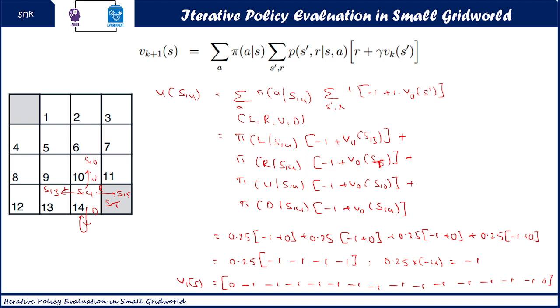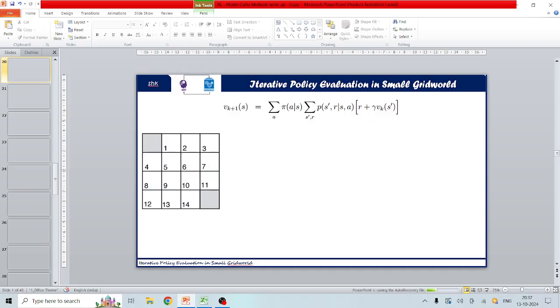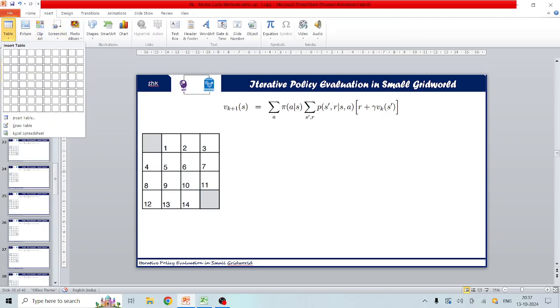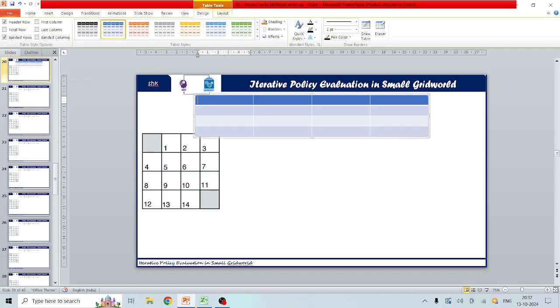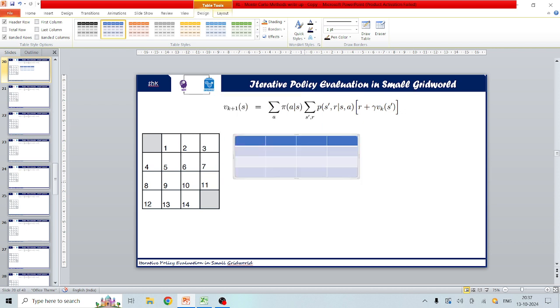Now we'll go to the second iteration. At this point, I'll write the states, and the previous and after values are going to be considered here.